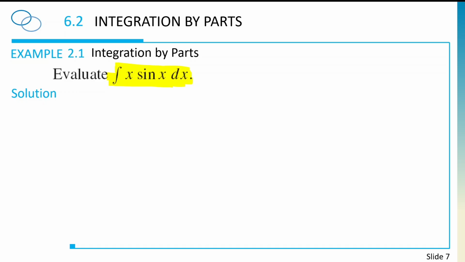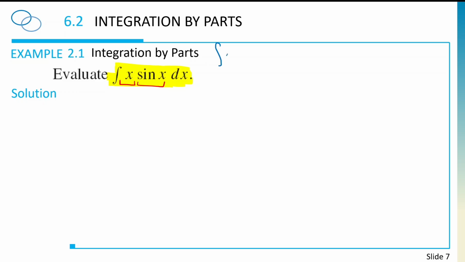Now, how can I split these two functions? Notice that I have x and I have sine of x. Which should be which? Again, I'll write the rule here in front of you.